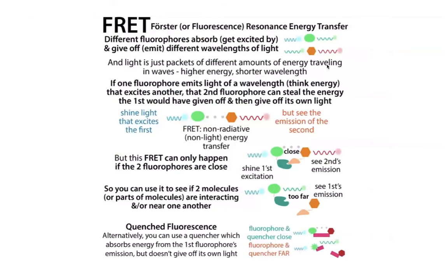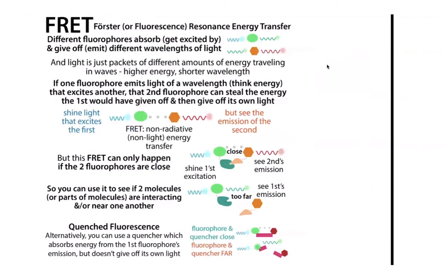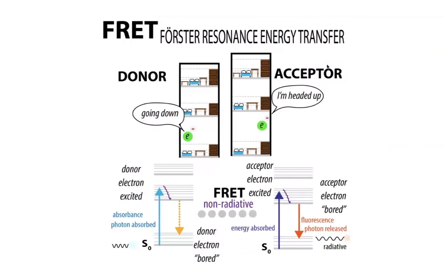But one of the ways that having a lot of options is great is by being able to combine different fluorophores to do FRET experiments. So remember that in FRET, we have that energy transfer from one molecule to another. And then the first molecule, basically, you don't see its light. You're only going to see the light that the second molecule gives off.